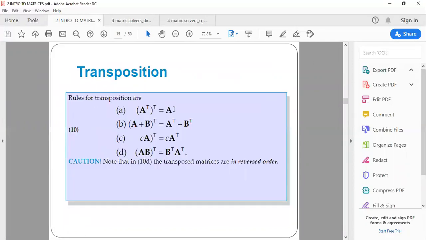The transpose of the transpose of A should be A. This is one important property of matrices. Sometimes in our numerical simulation we end up with a matrix wherein the transpose of the transpose does not lead us to A. Those are very special types of matrix.